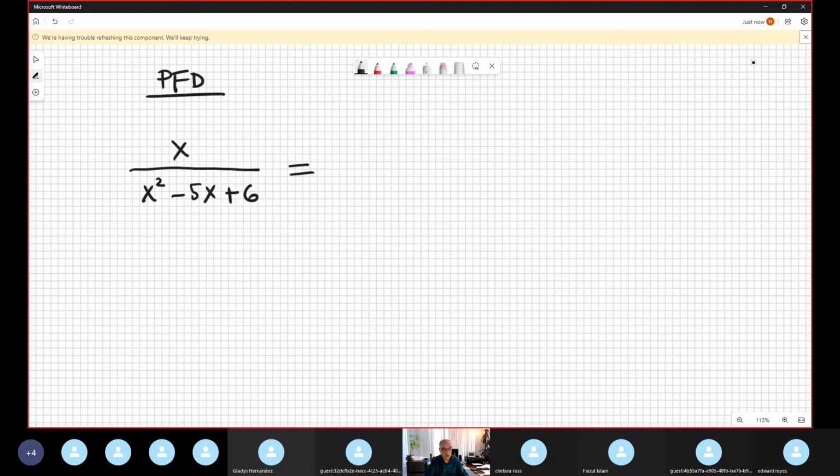No, the degree no. Degree is 2. Exactly. Factor the bottom. Edward says, factor the bottom. Okay, to be ready for the partial fraction decomposition, I always need to factor. The top is not important, but the bottom yes.